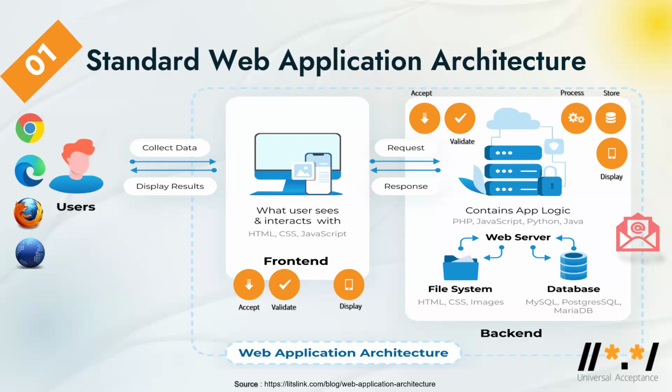So your email server should be universal acceptance ready. How to make your email server universal acceptance ready? It will be covered after a while. At this moment, does anyone have any question?